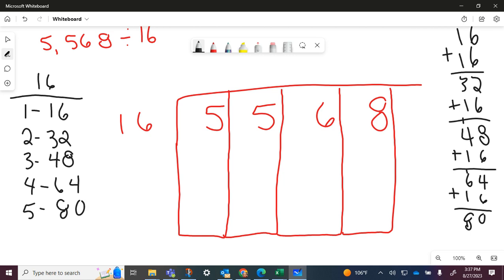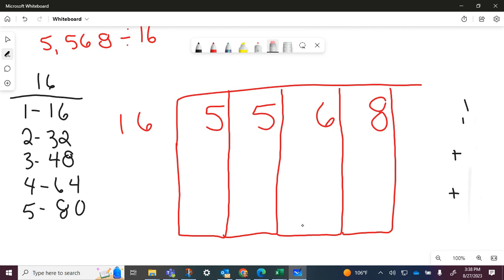All right, I'm going to just stop there. And if I need more space, I can always go back and add more groups. But I'll show you in a second how that's going to help us. All right, so I've got my multiplication, my groups of 16. Again, I don't have to do a lot of them. Just do some. And like I said, if you need more, you can always add more. I set up my boxes, and now I'm ready.